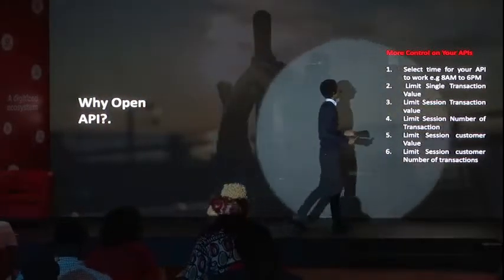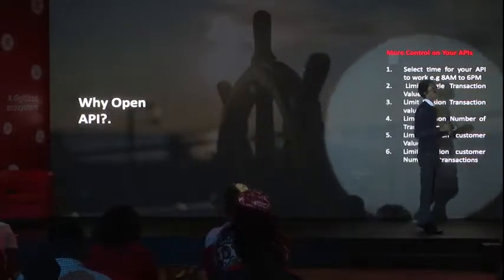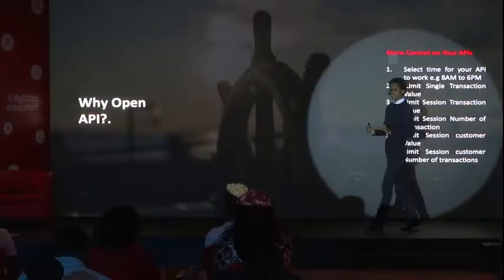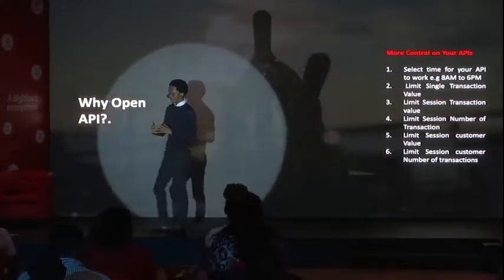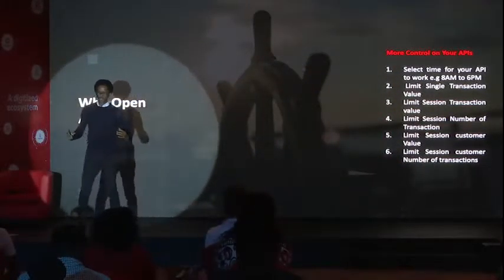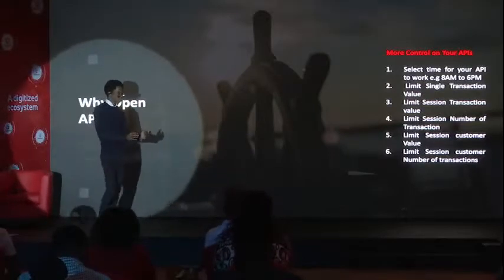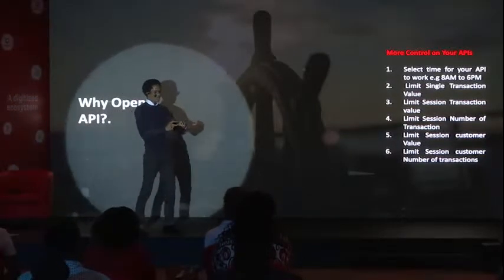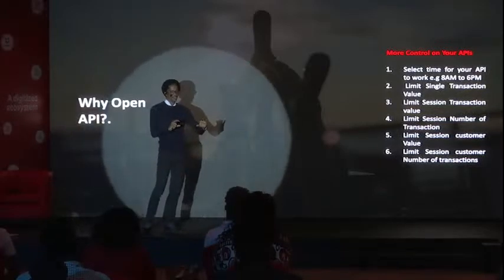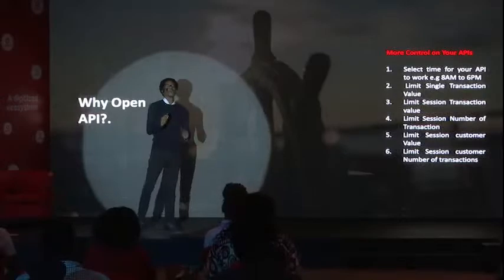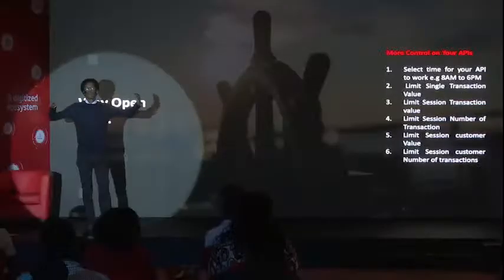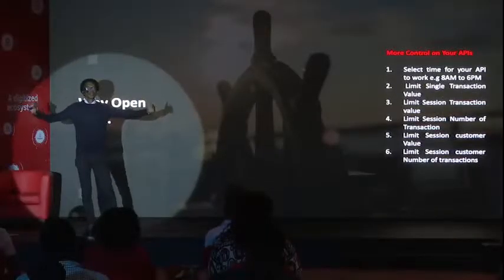And as well, you can limit the session transaction value. When we say session, in defining the application or the API that you want to do, we give you power to say, I'm creating what we call session keys. And this session key will be valid only for these hours or these days. So it will be valid for 7 days, for 1 hour, for 6 months, for 1 year. We give you that power.